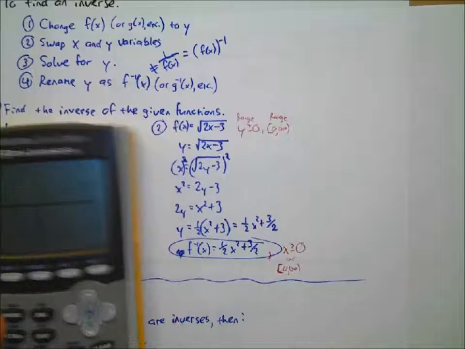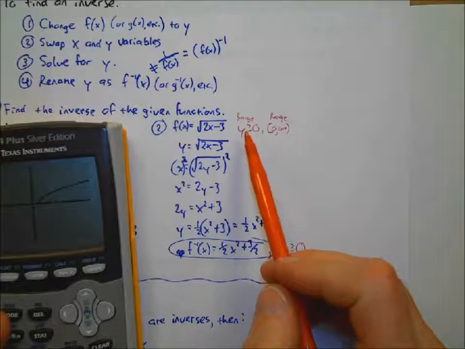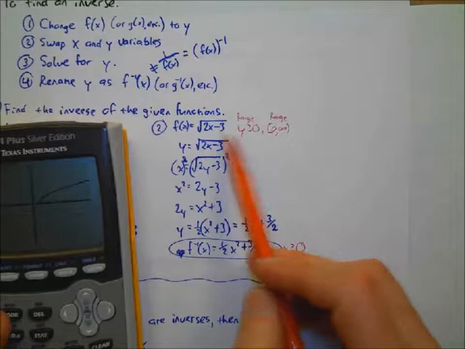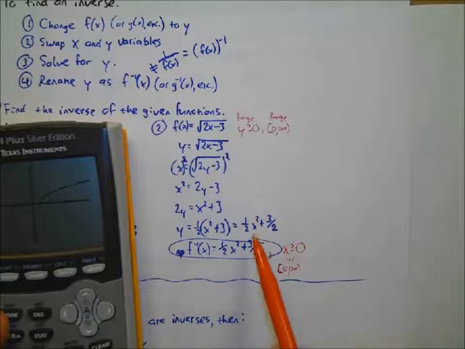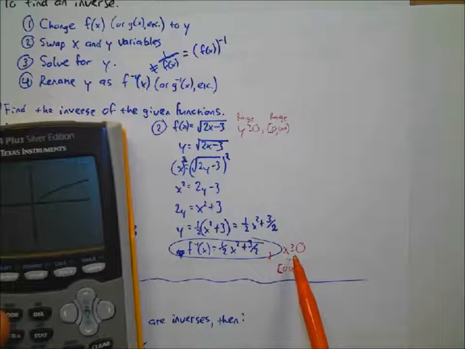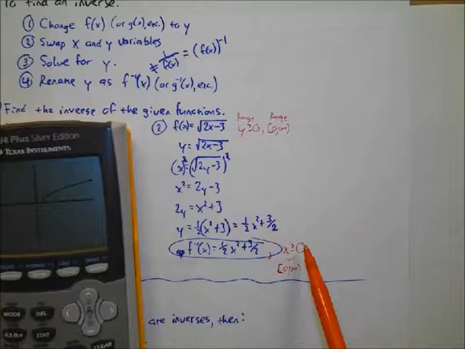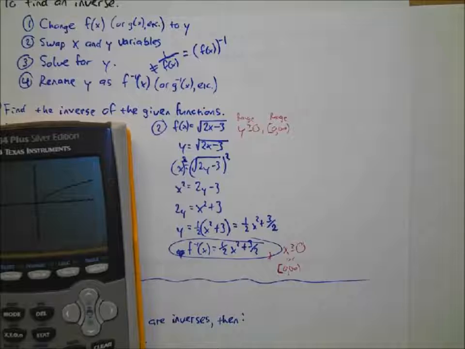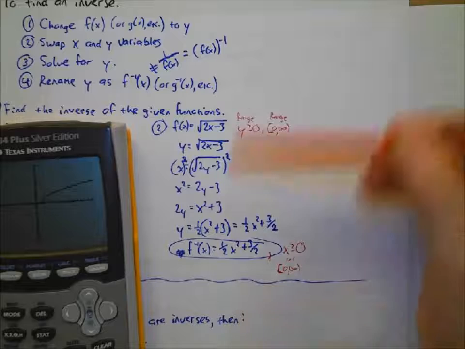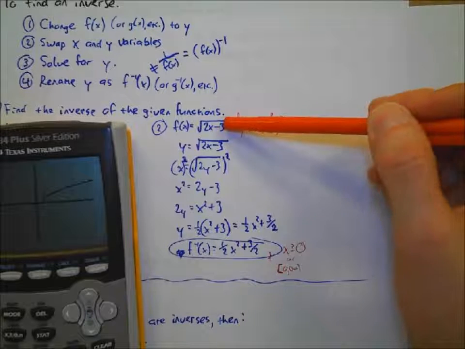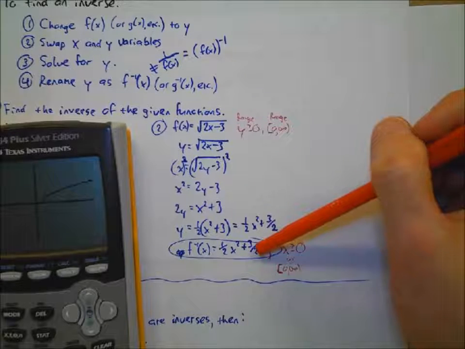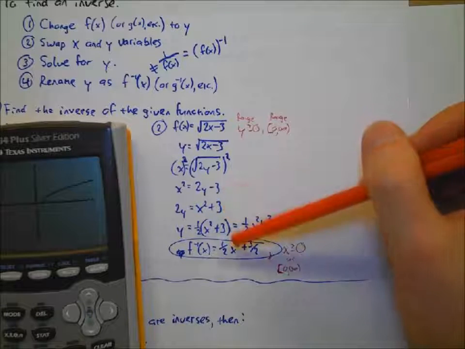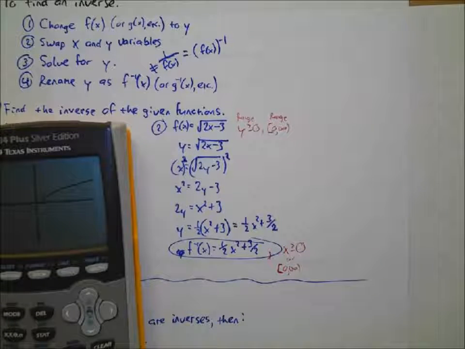Now notice here, the range of this function, how does that compare to the domain of its inverse? It's the same. What do we do when we find inverses? We swap the x and y's. So the domain of this will swap to be the range of this, and the range of this will swap to be the domain of this, if these functions are inverses of each other. And that all comes from that idea of swapping the x's and the y's.